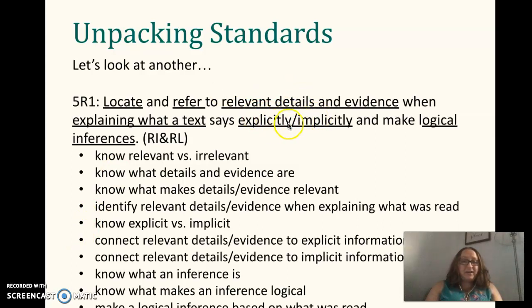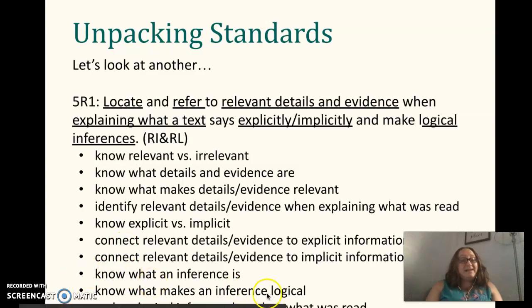Then we get into this part here. Know what explicit versus implicit is. What does that even mean? Then be able to connect, again, relevant details and evidence to explicit information and then implicit information in a text, right? And then we get to the inferences. Well, they have to know what it means to infer. What's an inference? And then if you notice, it has the word logical, so you can make illogical inferences.